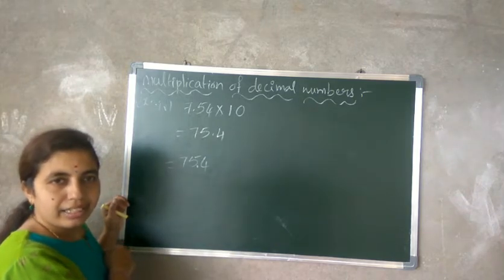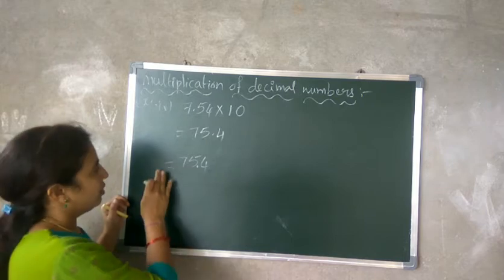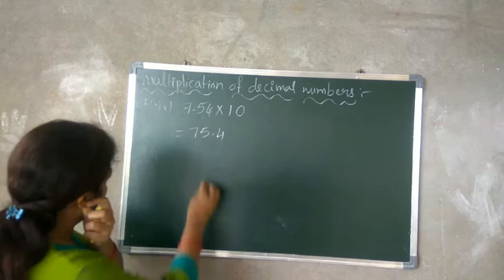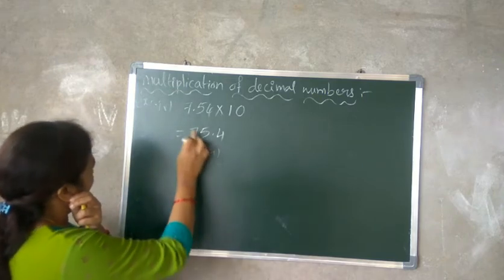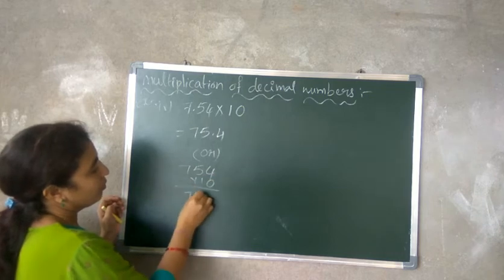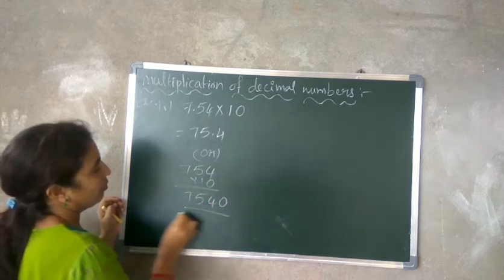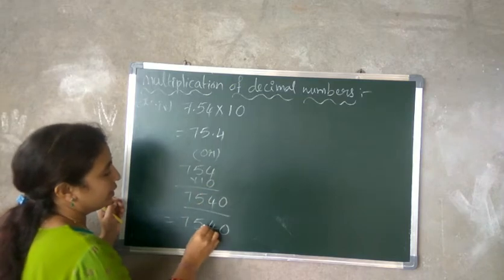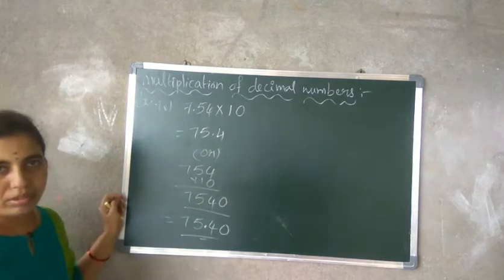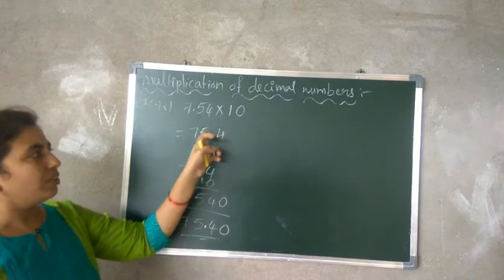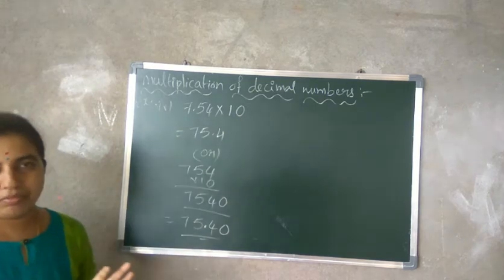Is it clear? Or shall I do it again? I'll write it directly. Same answer. See, directly also we can write. What I said: based on the number of zeros, we should move the decimal.